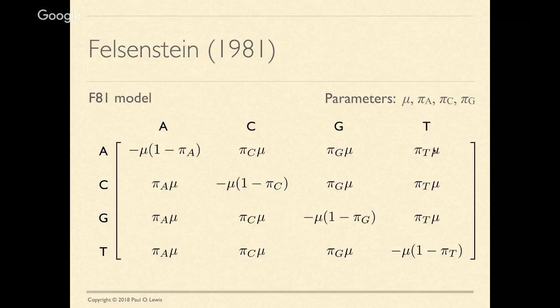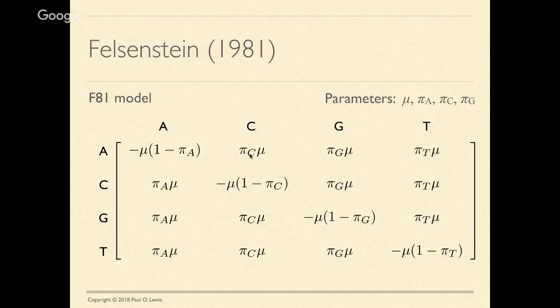That said, this is an unusual rate matrix because it's got the base frequencies as part of the rates. So the rate at which you get C's, given that you started with A's, is pi C times mu. There's this general substitution rate that's sort of the average rate, and then that's modified by the base frequencies.